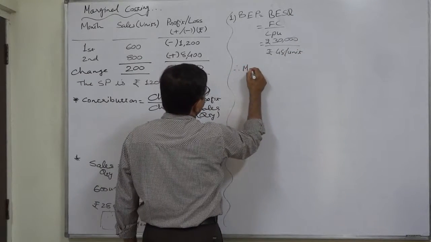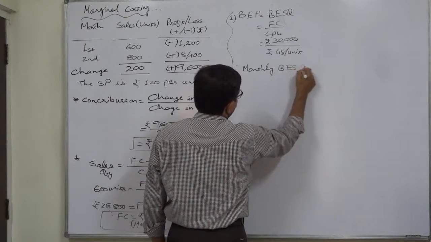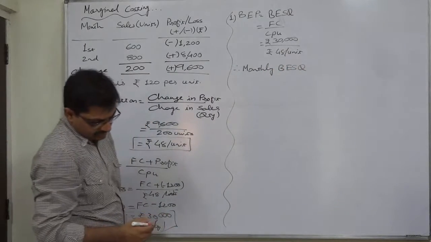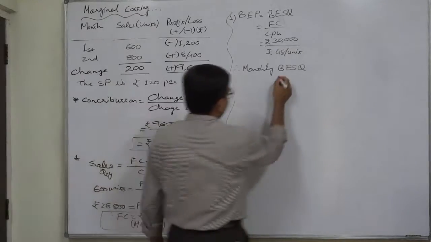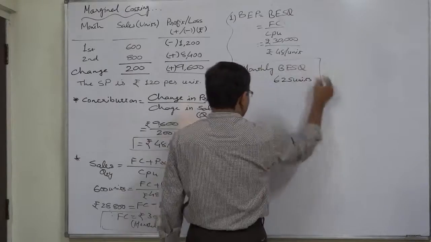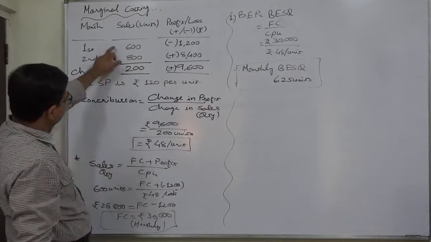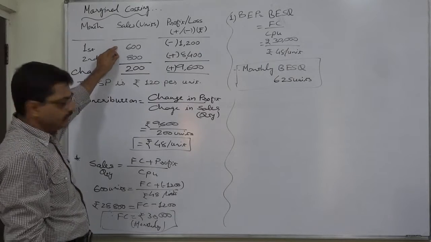So the monthly break-even sales quantity or break-even point comes to 625 units. That means only if the firm sells 625 units per month, it can break even.